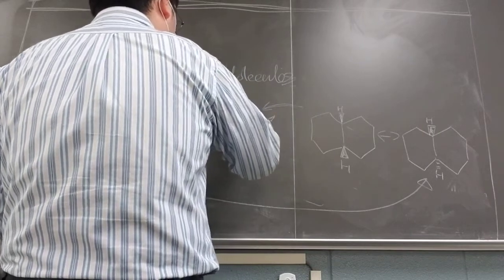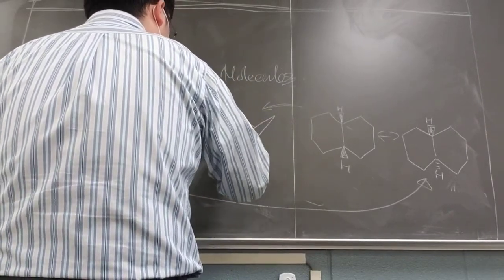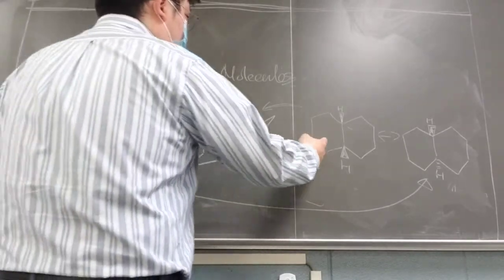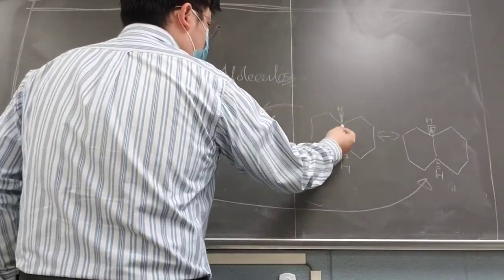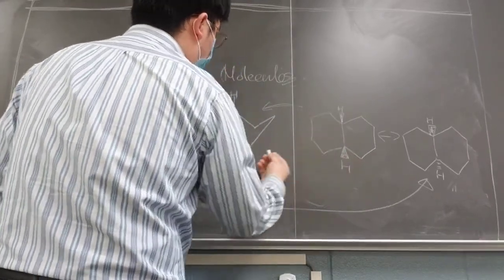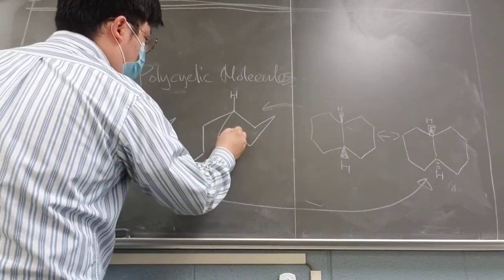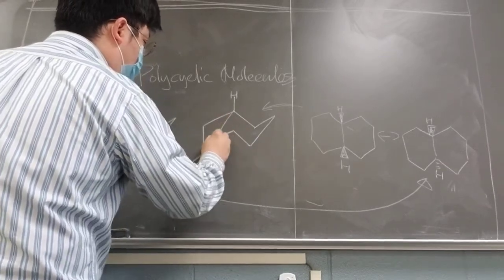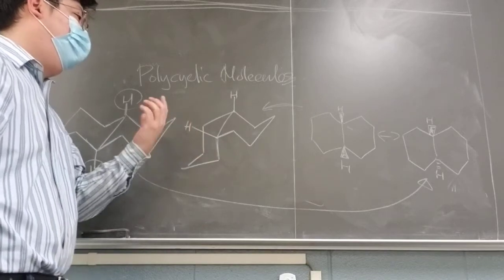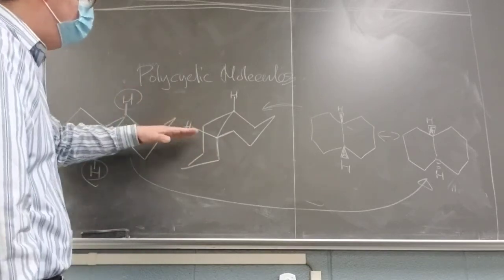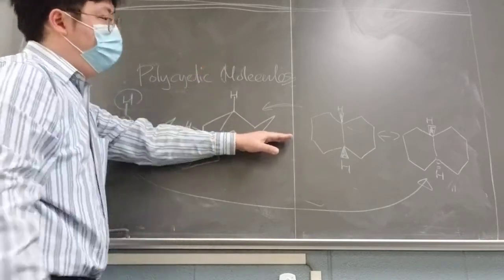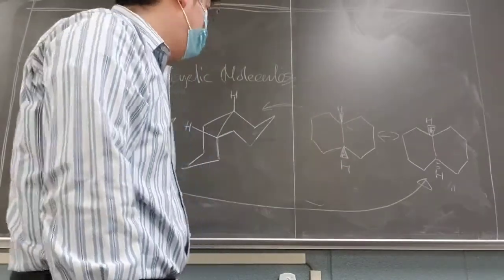Look at this. So this goes up here, and this one is also on the same side. Because it's equatorial: down, up, down, up. So they're technically not heading in the same direction, but they're on the same side. From here, they're heading up, up. So that makes this position over here.